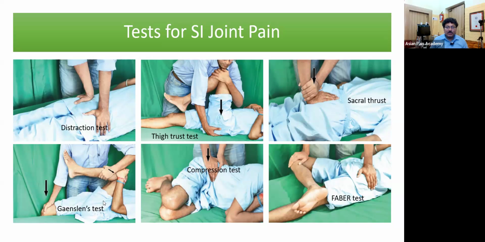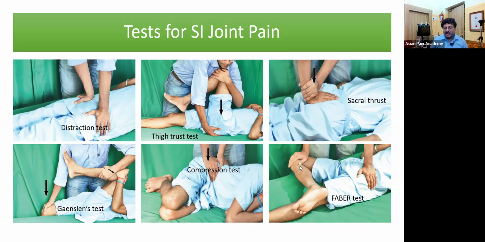Gaenslen test: you are putting one limb up, one limb down, again putting pressure on the sacroiliac joint. Compression test: patient lies on one side, and you are putting pressure over one side of the pelvis to press over the sacroiliac joint. FABER test is the most common test.